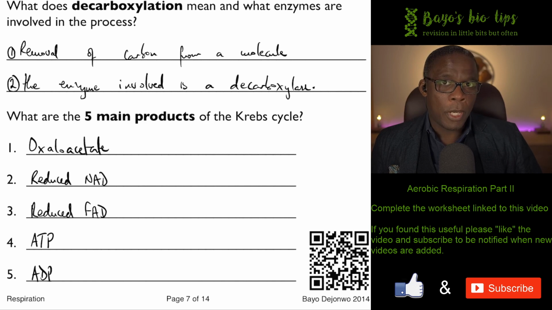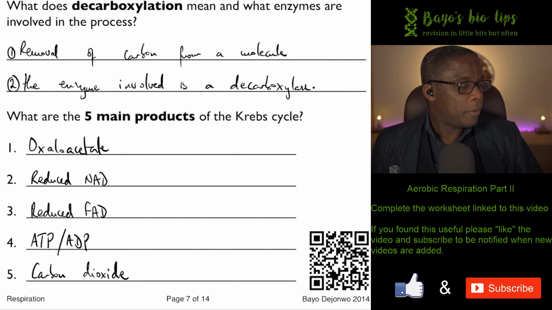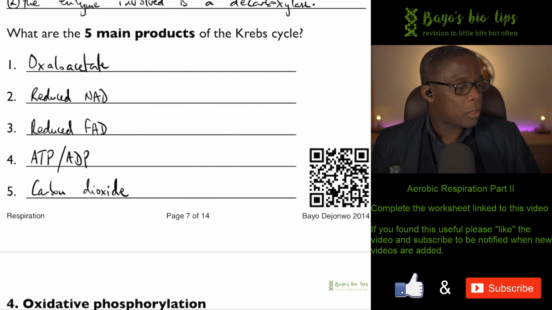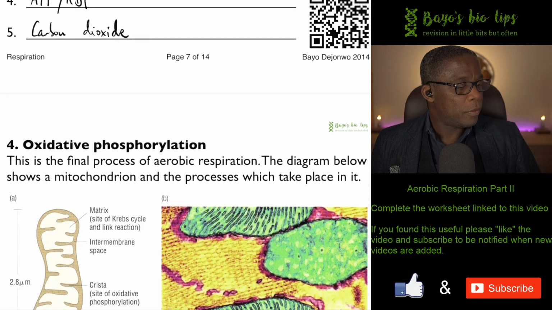And there are other substances which are also released. Let's couple ATP and ADP as one, and then we can have carbon dioxide as another. Okay, so those are some of the main products of the Krebs cycle.